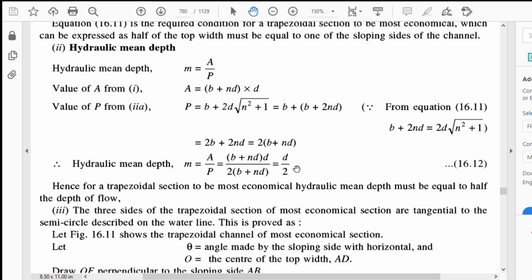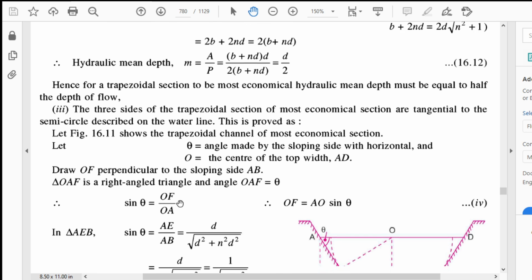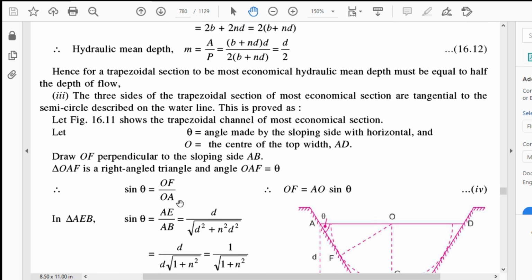So the second condition is, for the trapezoidal section to be most economical, the hydraulic mean depth must be equal to half of the depth of flow. Okay, this is the second condition.